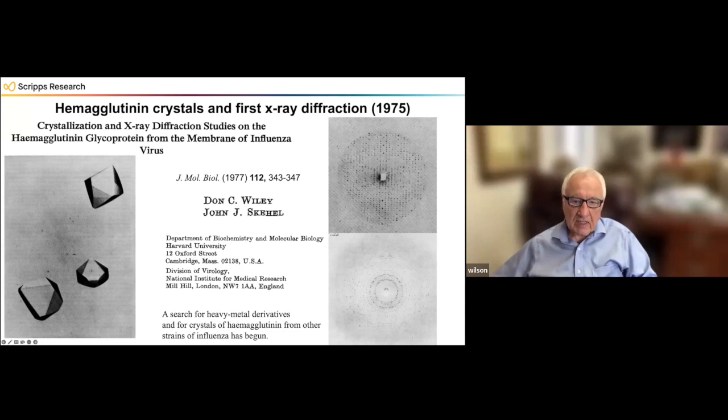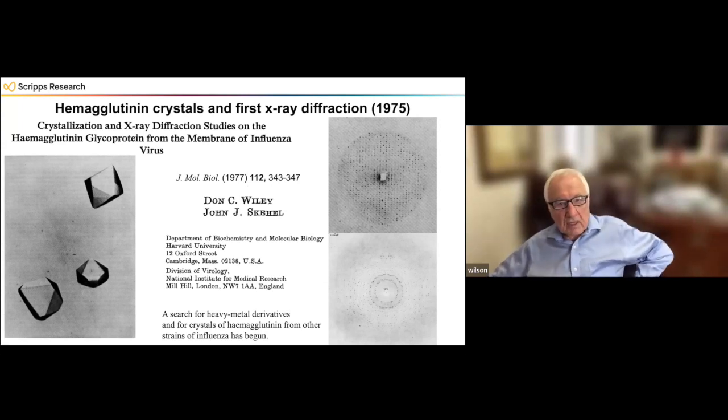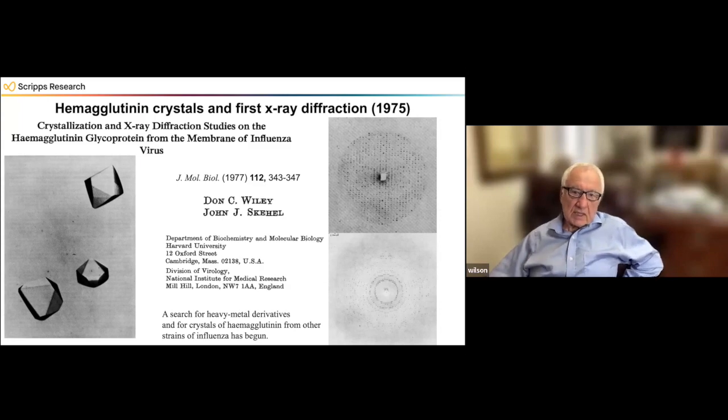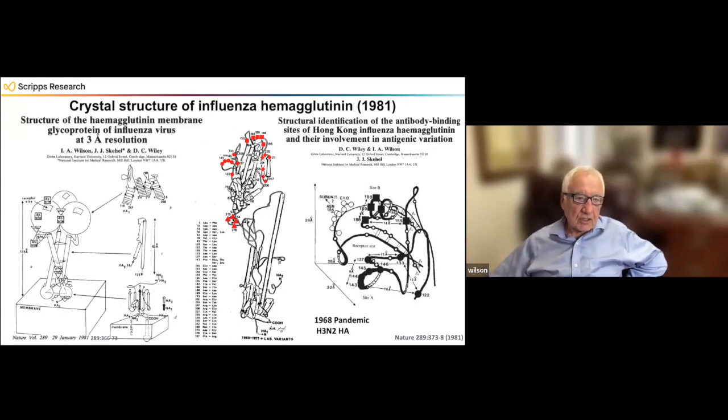These crystals diffracted, so they started this project. And the same year, I actually went to Don's lab and started working on the structure. And a few years later, in 1981, we actually got the structure of this.